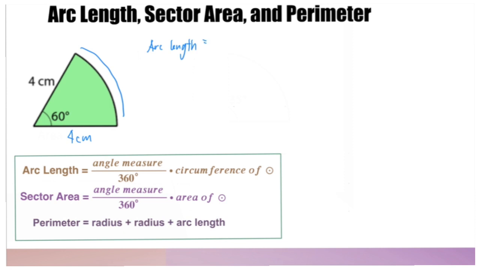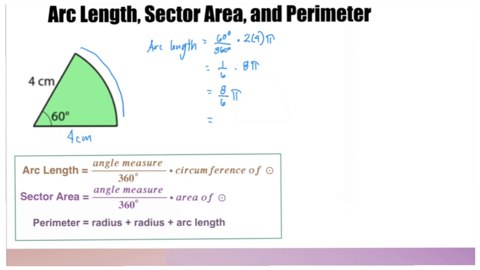Arc length: angle measure is 60 degrees divided by 360 degrees, times the circumference of a circle, 2 pi r. So 2 times 4 times pi. 60 over 360 is 1 over 6 times 8 pi, or 8 over 6 pi.